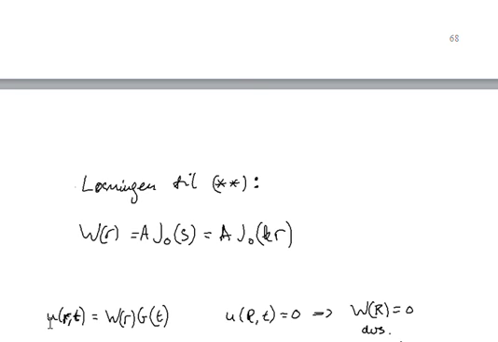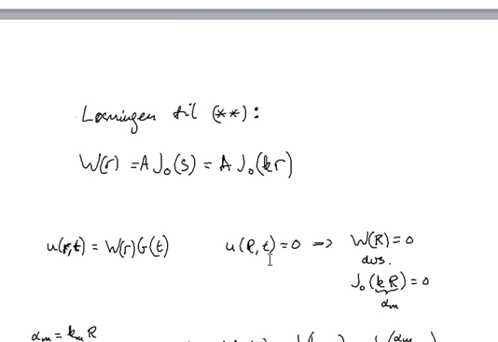So recalling that u is this product, and we use the boundary condition that at the boundary the solution u is equal to 0, we find that W of capital R is also equal to 0. And this means that this A J0 of kR is equal to 0.